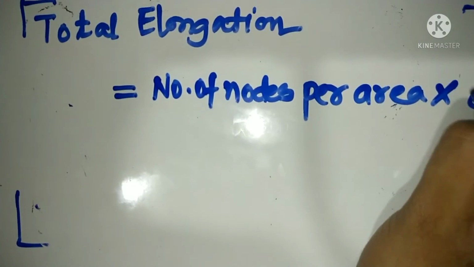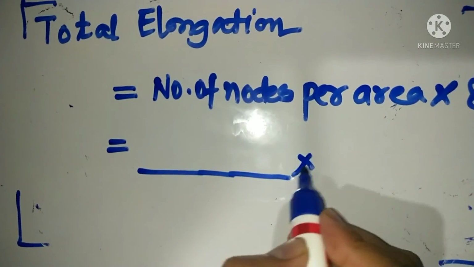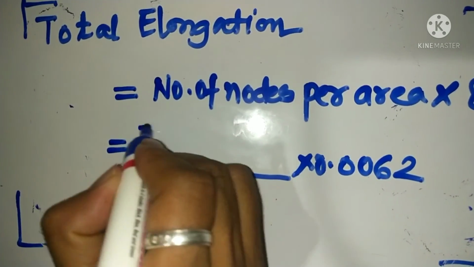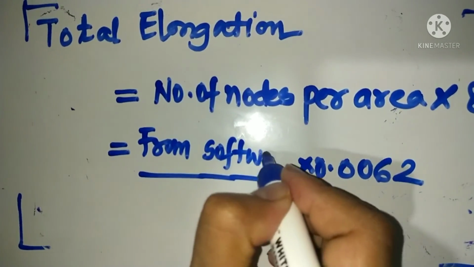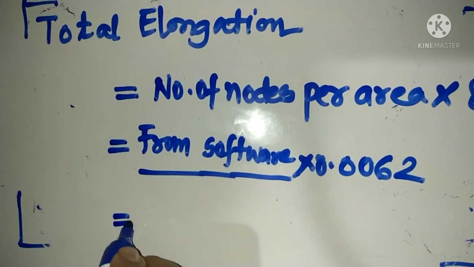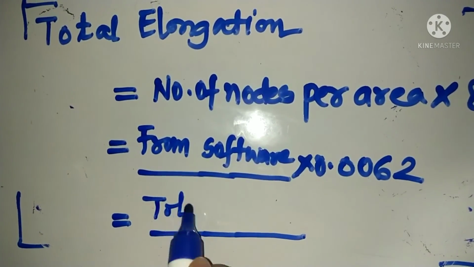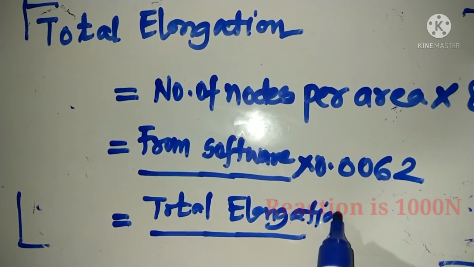Number of nodes per area into elongation delta L. This number of nodes per area I am not writing because you will get it from the software. Just multiply it to obtain the deflection, and you will get the total deflection in the diagram. The reaction is upward, so it will be positive 1000 Newton.